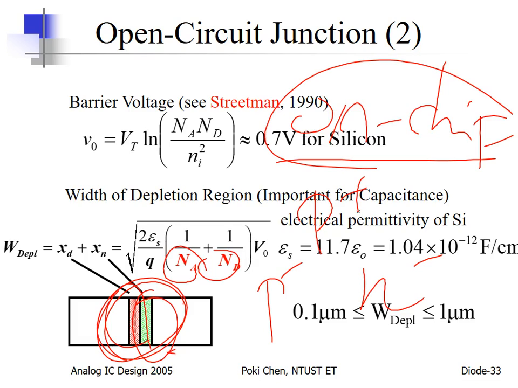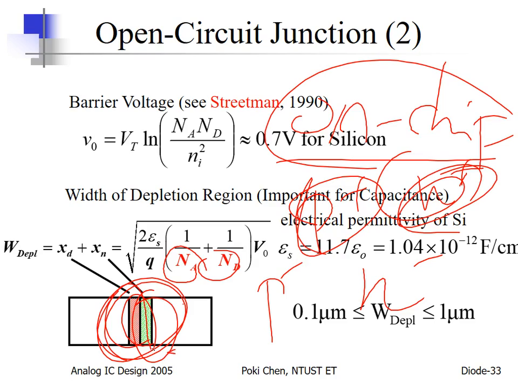Keep away from P plus and N plus, because in such highly doped areas, the depression region becomes too small to help you generate any power. So what are P minus and N minus? Substrate and well.